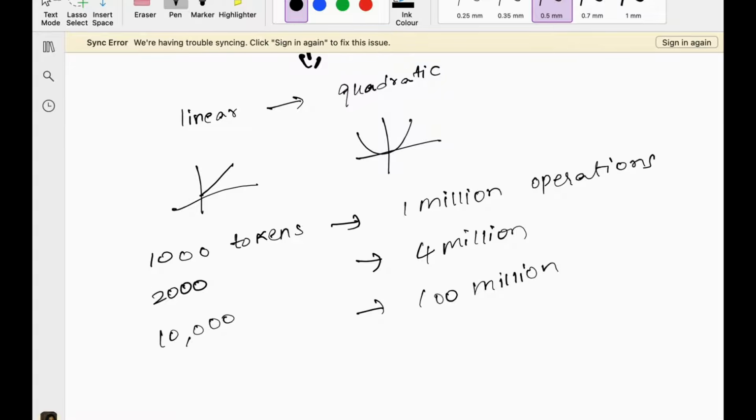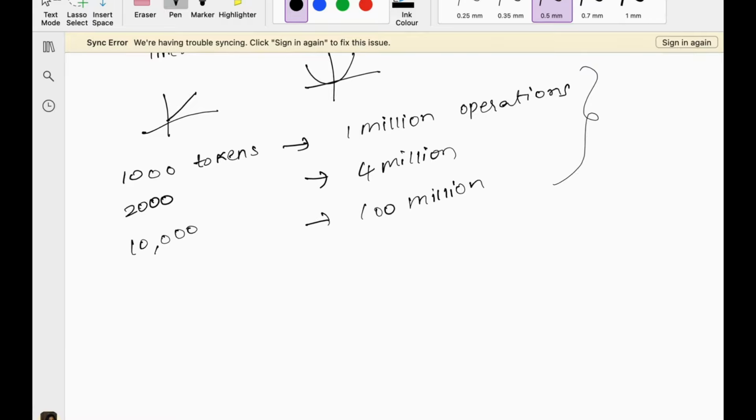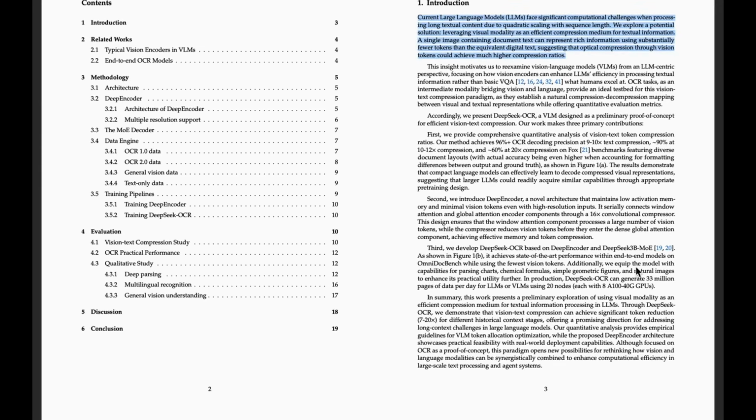So you see how this is exploding as we grow our tokens further. This is the reason why our context windows are expensive and limited. And let's move back to the paper.